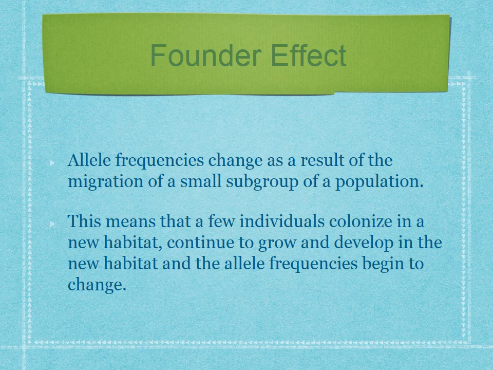And this can affect how that population grows. So a few individuals that colonize in a new habitat are going to continue, grow, develop in that new habitat, and we're going to see these new allele frequencies begin to change depending on where they live. And the great example is on the next page with these beetles.